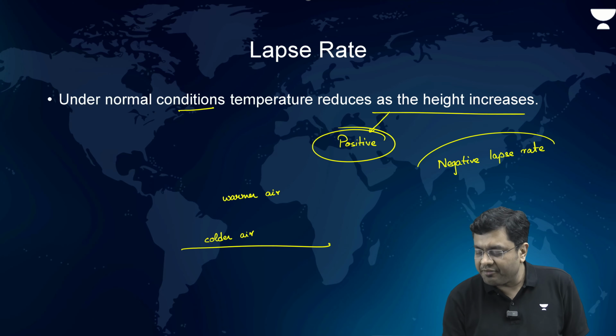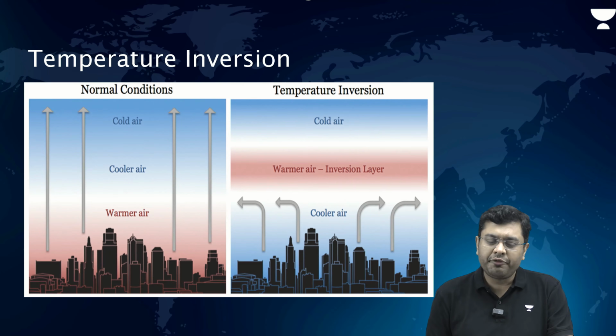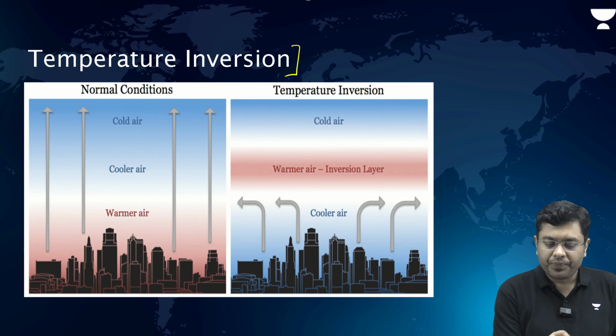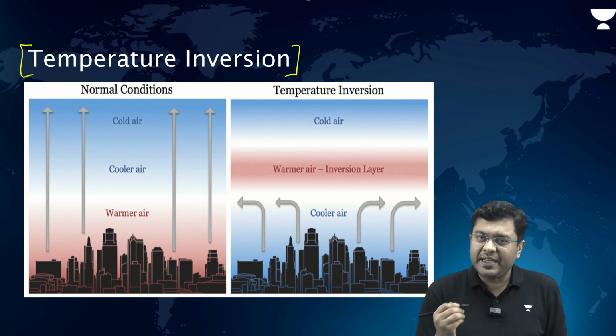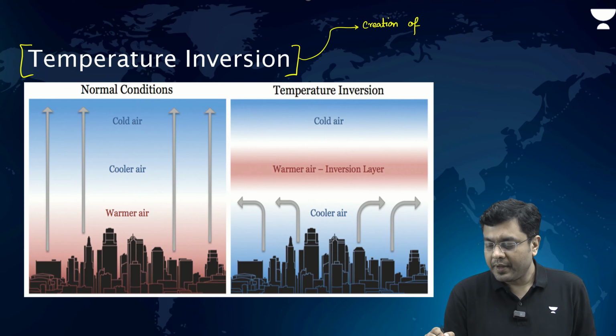Now, whenever you have the creation of this negative lapse rate, that is what we refer to as the condition of temperature inversion. So, basically, temperature inversion is the creation of negative lapse rate. Why does that happen? That is something we will study.